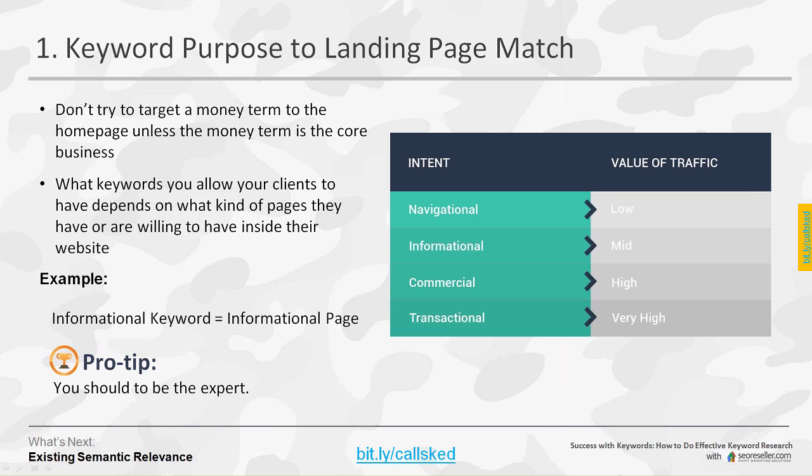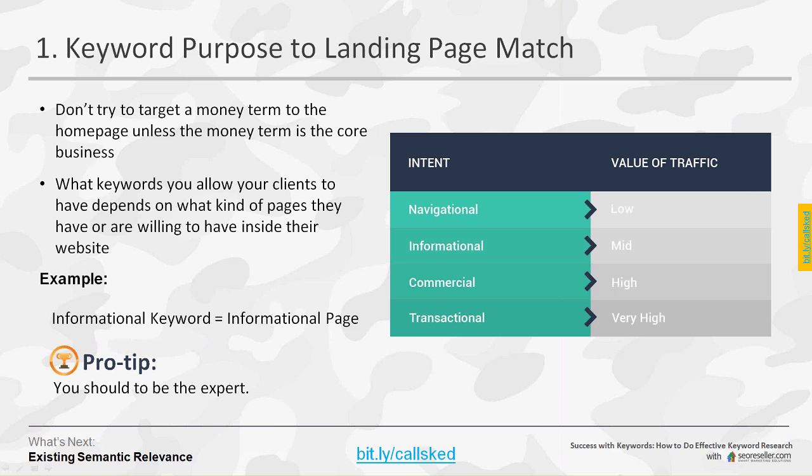What keywords you will allow your clients to have sort of depends on what kind of pages they already have or are willing to have inside their website. If they insist on having purely informational keywords, but they also insist on having highly designed, low content pages, it's not going to work. So if they're trying to target commercial keywords, like take for example, carbon fiber sports bikes might be a commercial term.